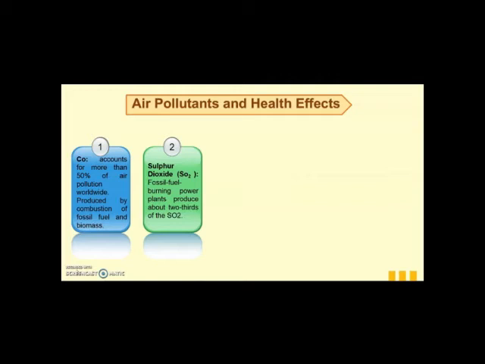Domestic fires can also produce emissions containing sulfur dioxide. Acid aerosol sulfuric acid is a strong acid that is formed from reaction of sulfur trioxide gas with water. The safe limit of sulfur dioxide is 80 microgram per cubic meter.